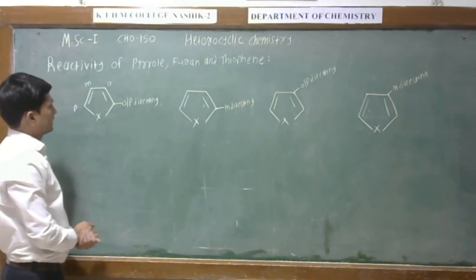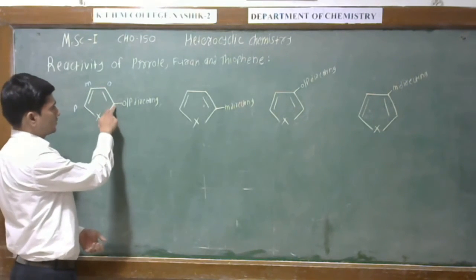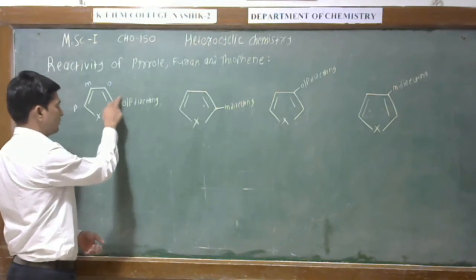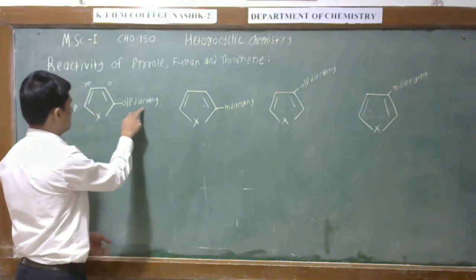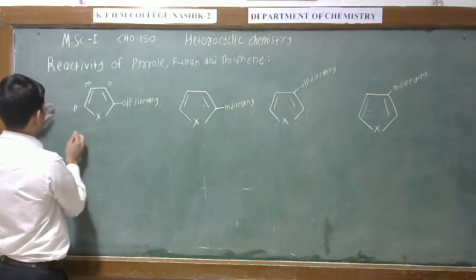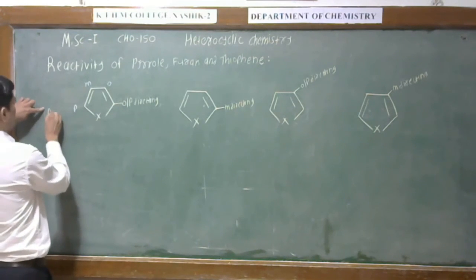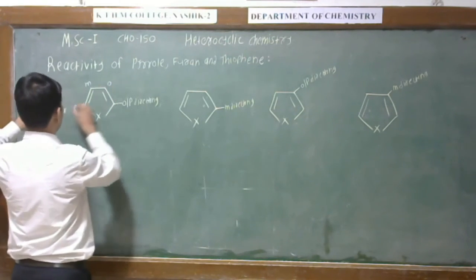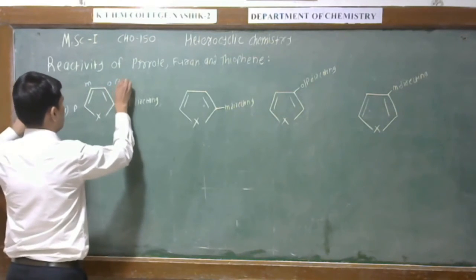So when there is a substituent at the alpha position and it is an ortho and para directing group, that is an electron donating group, then the substitution at this position is the major and substitution at the ortho position is the minor.